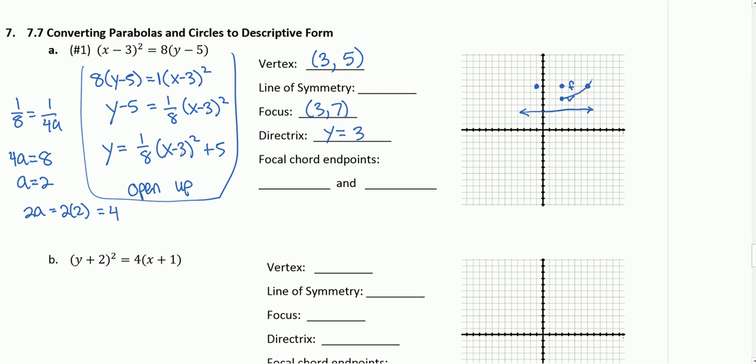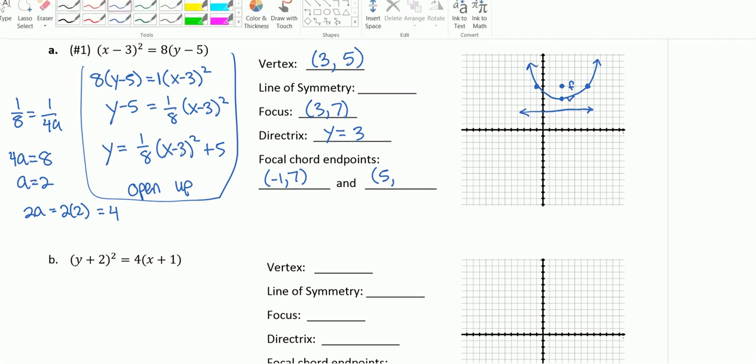And my parabola goes through the vertex and through these focal chord endpoints. The one on the left is going to be located at -1, 7. The one on the right is going to be located at 7, 7.